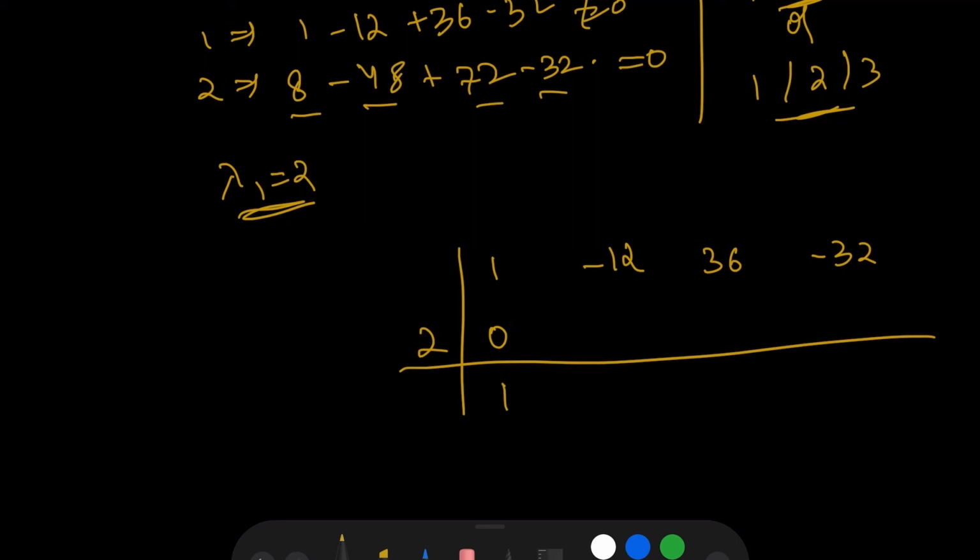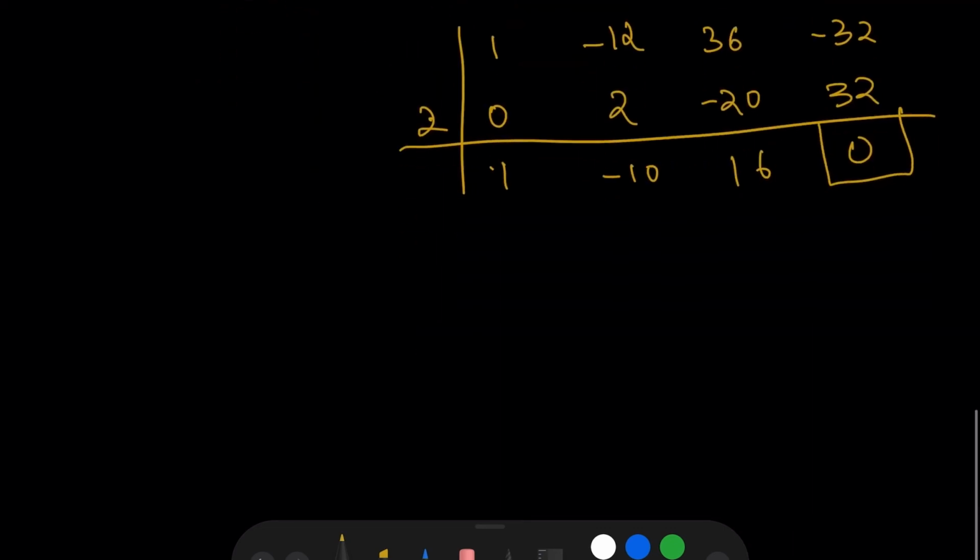So 1 minus 0 will be 1. So 2 into 1 is 2. So minus 12 plus 2 will be equal to negative 10. So 2 into minus 10 will be equal to minus 20. So that gives 16. So 2 into 16 is equal to 32. So minus 32 plus 32 is equal to 0. So the coefficients of the quadratic equation will be lambda square minus 10 lambda, and the constant term will be equal to 16.